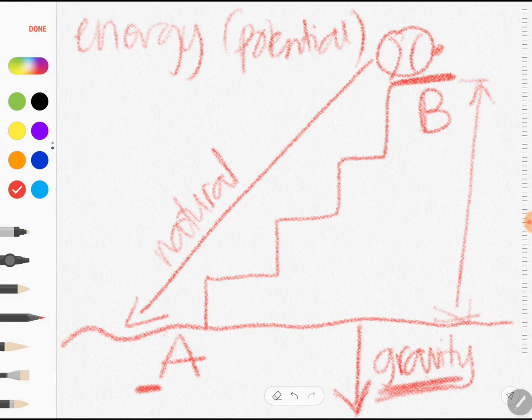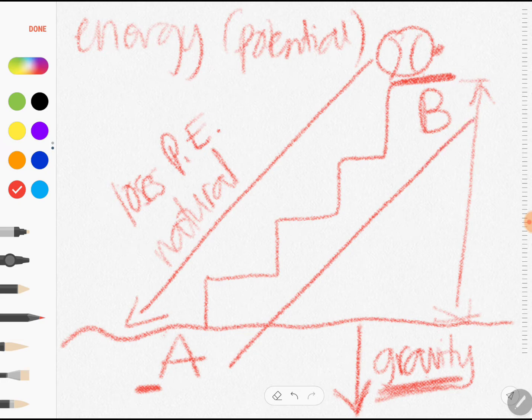So when it moves from B to A, what happens to its potential energy? Its potential energy is lost. Okay, so it loses potential energy. Now, what if we move the ball from position A to position B? Will the ball naturally move from position A to position B? No, it will not.